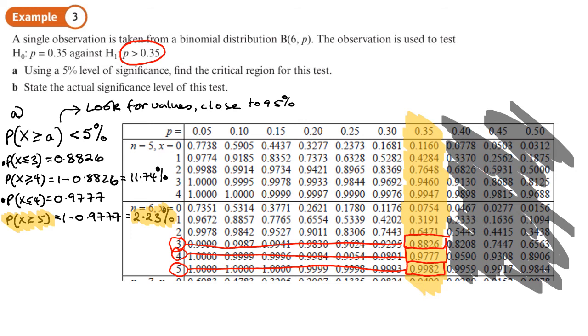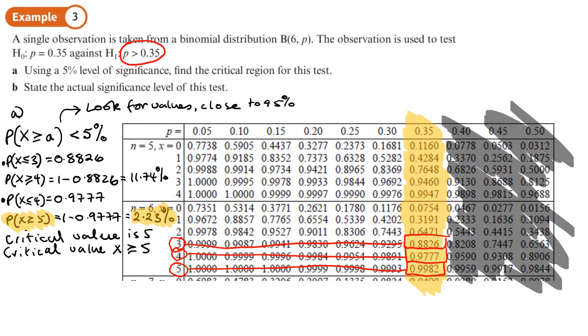So we would say that the critical value, I know it's not asking for the critical value, but we say the critical value is 5, and the critical region that they're asking for, because we're looking for an increase, is when what we observe is greater than or equal to 5.